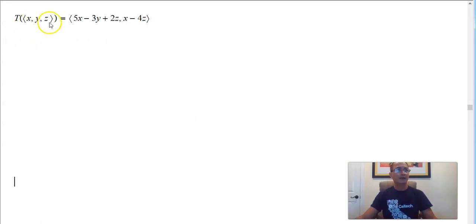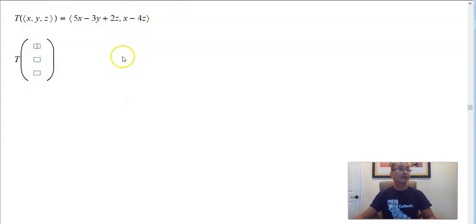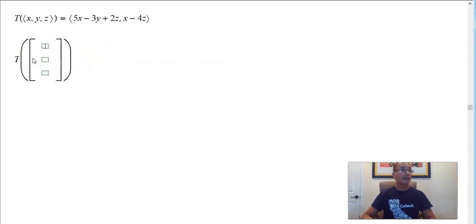So instead of x, y, z being horizontal, we are going to turn that vector into a column matrix. So I'm going to put a 3 by 1 column matrix, and let's put brackets so it looks nice. So let's put x, y, z inside.